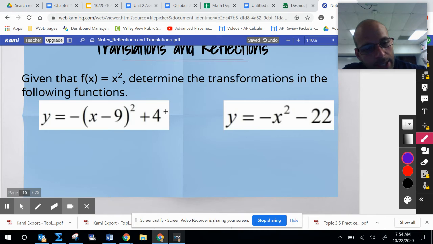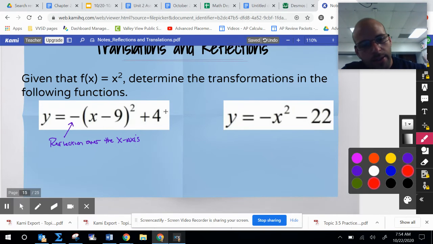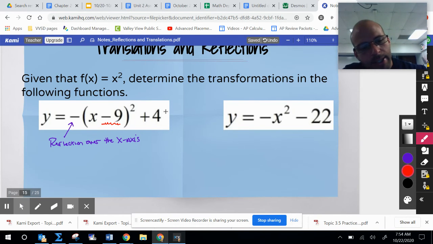So if you take a look at these, trying to put all the pieces together, you can see this negative out front, right? This is going to be a reflection over the x-axis. Then I have the minus 9.